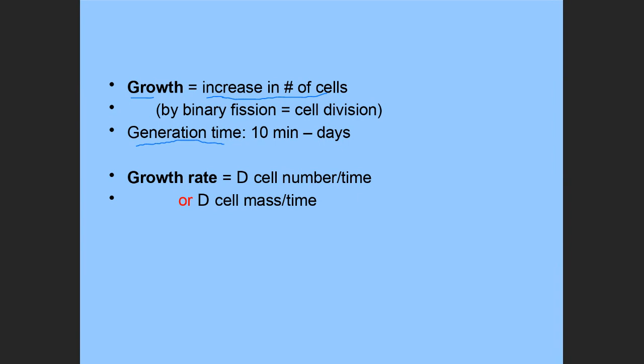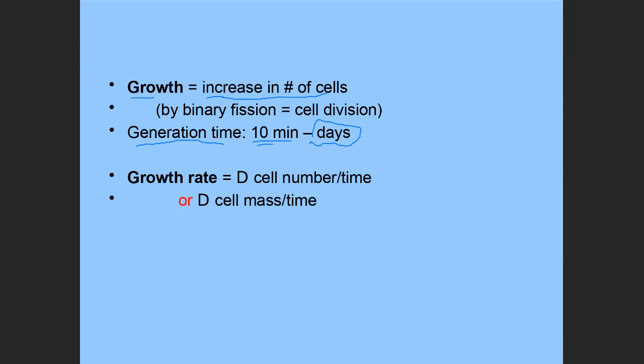So for a given population to double, the time that elapses before you get a doubling of the population, we call generation time. And what is the generation time for prokaryotes? It is a minimum of 10 minutes, and others that are very slow can actually take days to double in their number. So the fast growers take minutes, and the slow growers take days before the number doubles.